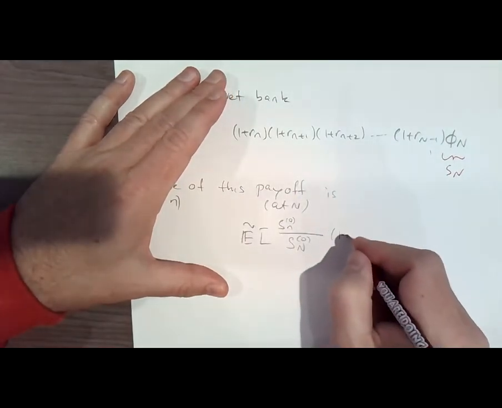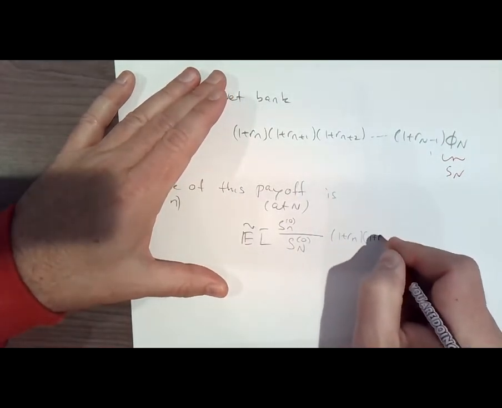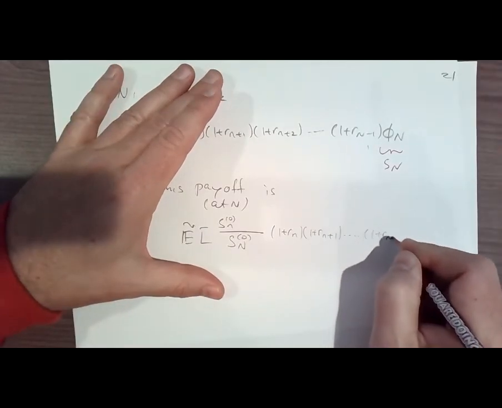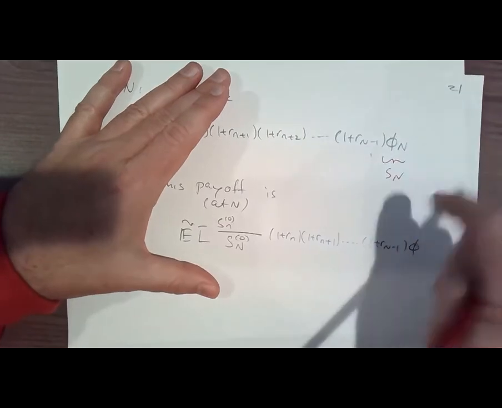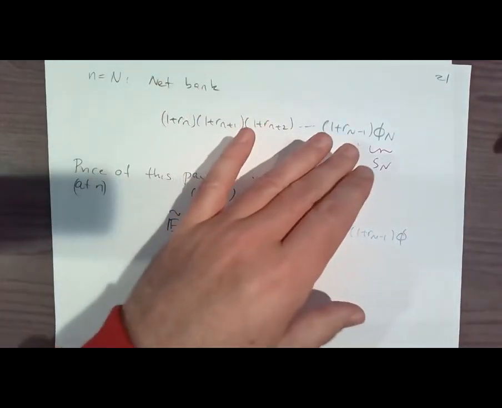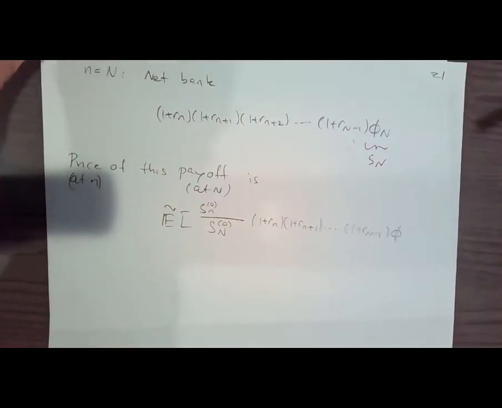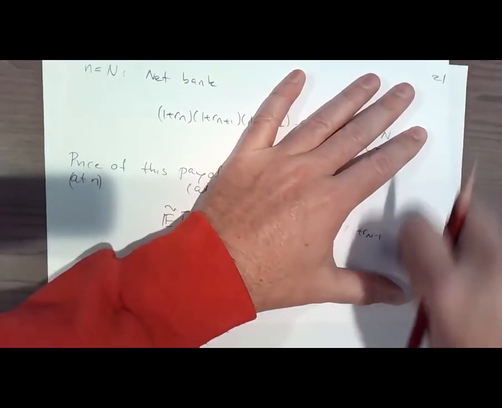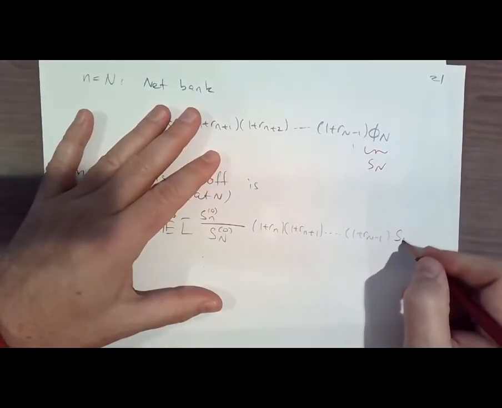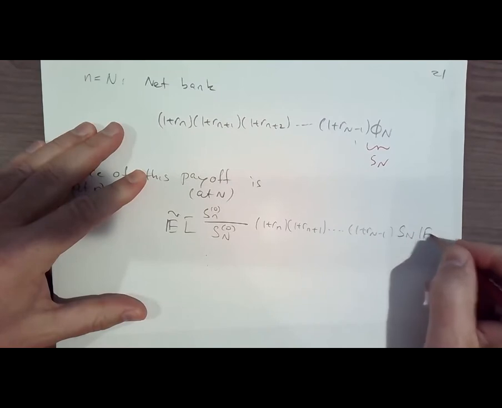So this is 1 plus Rn, 1 plus Rn plus 1, all the way up to the end, and instead of phi N, I'll write S N here. And then the condition.